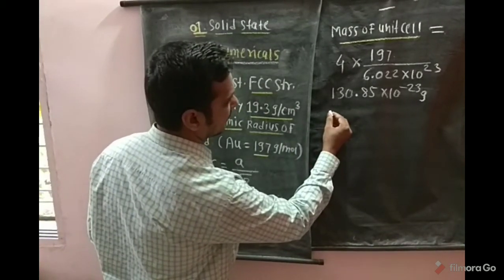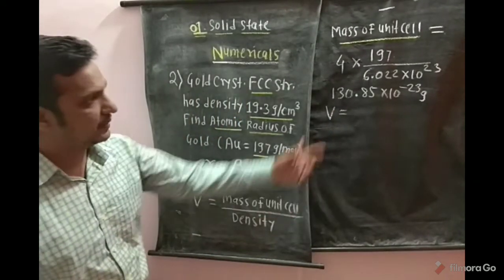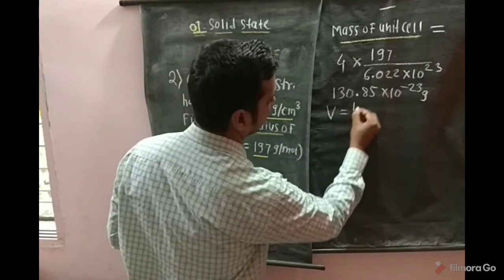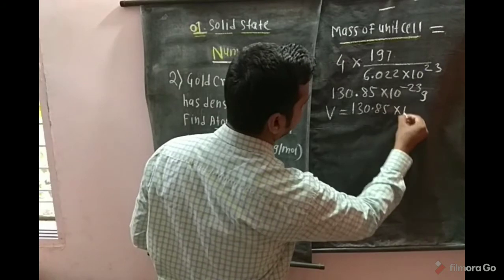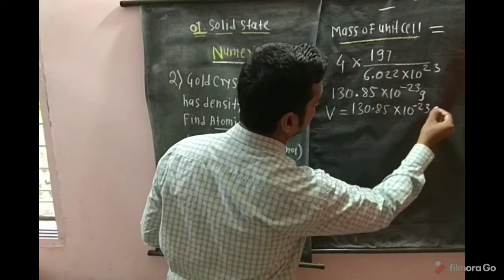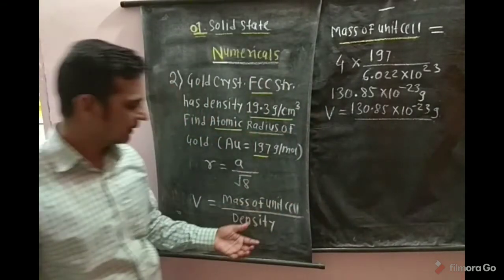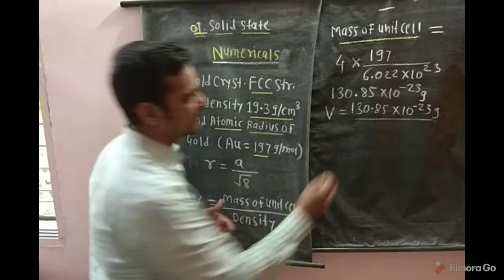So this equation becomes: volume of unit cell, V, is equal to mass of unit cell, which I got here, 130.85 into 10 raised to minus 23 gram, divided by density, which is already given, 19.3 gram per cm cube.